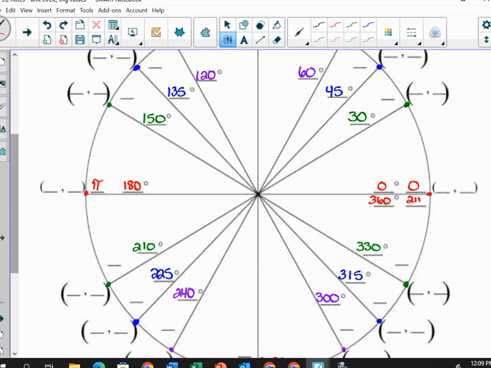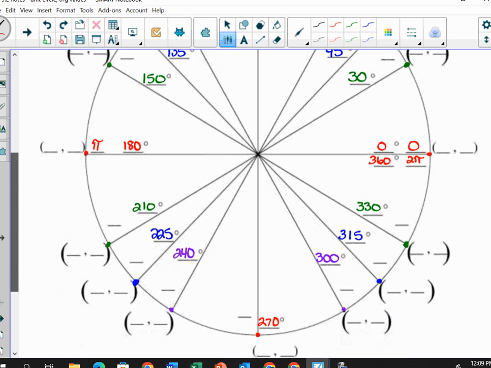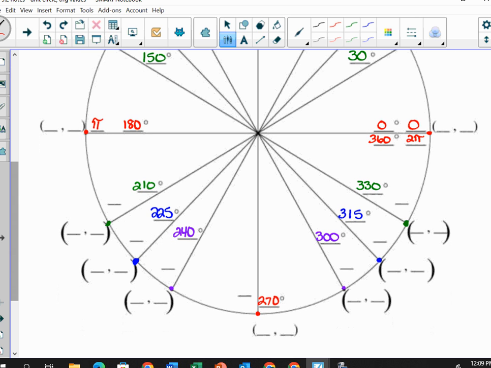So we'll put that over here. Yeah, 3 pi over 2. 1.5 pi, same thing.